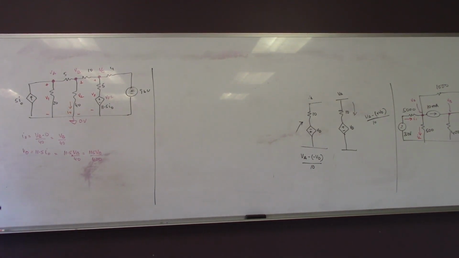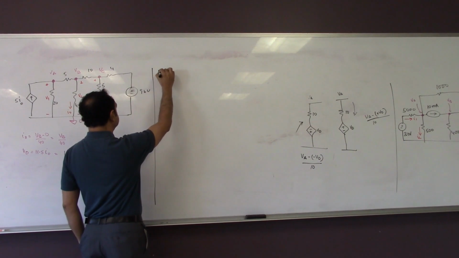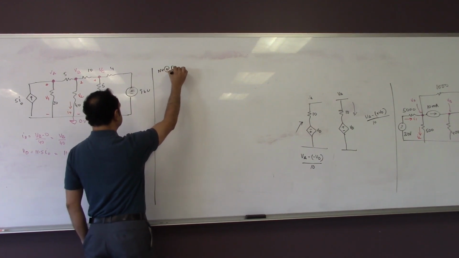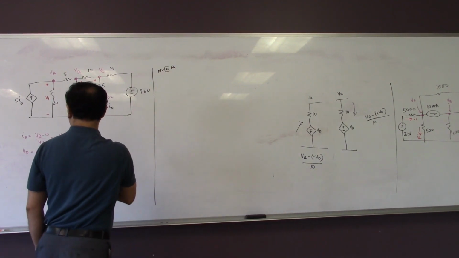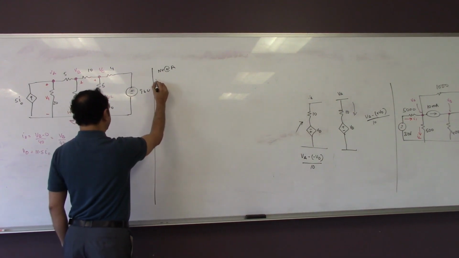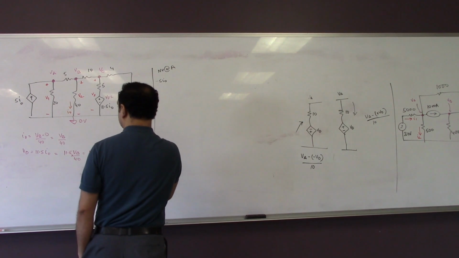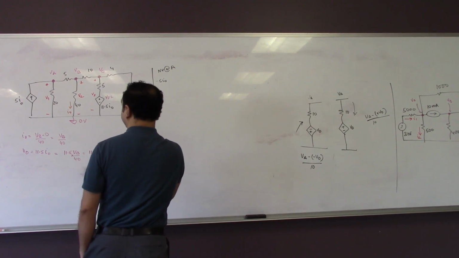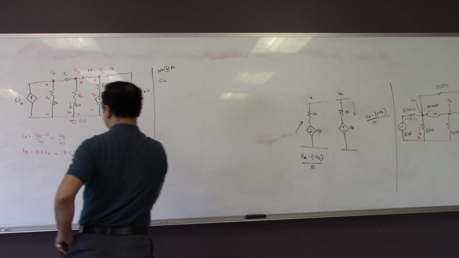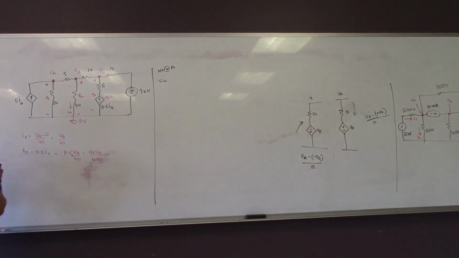Yeah, it's 11.5. Let's go with node voltage at A. When we do node voltage at A, you have the incoming current minus 5 I naught. This is also a dependent source, so this is ID.